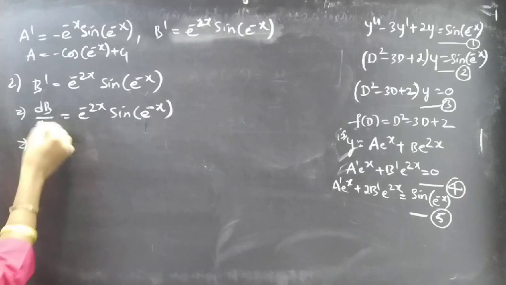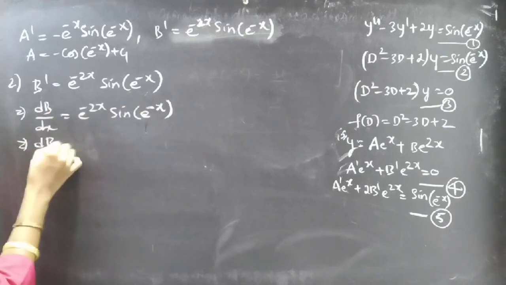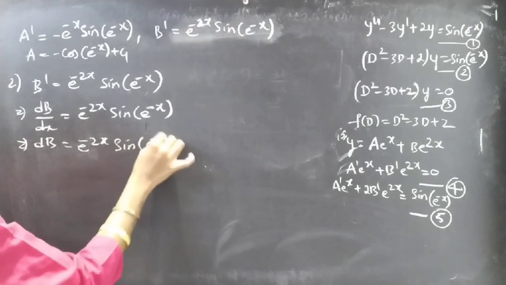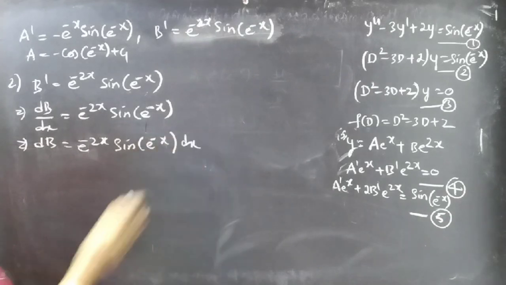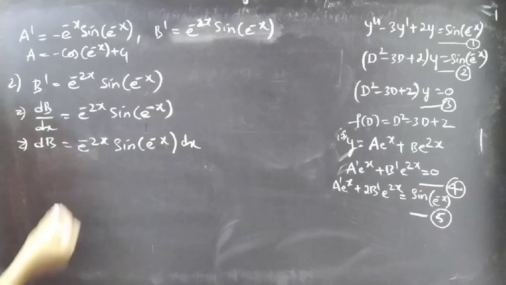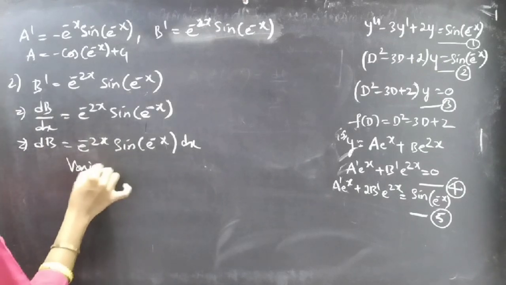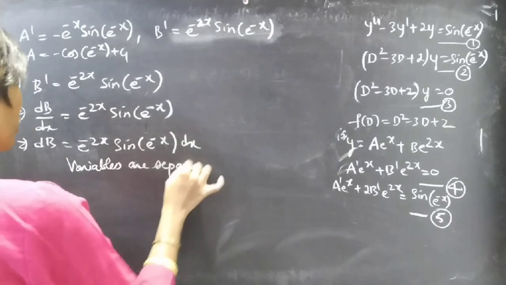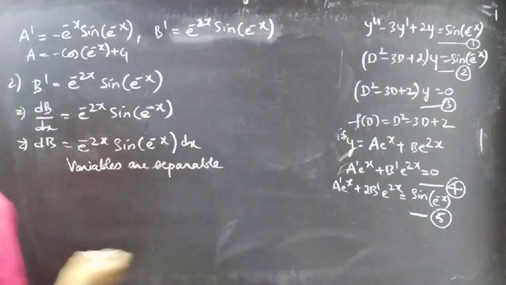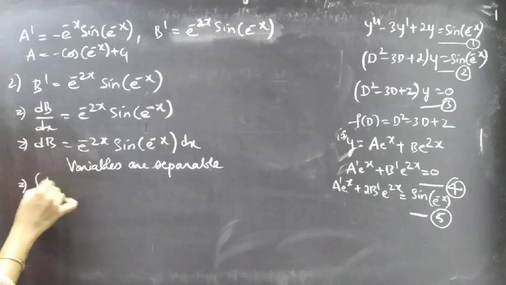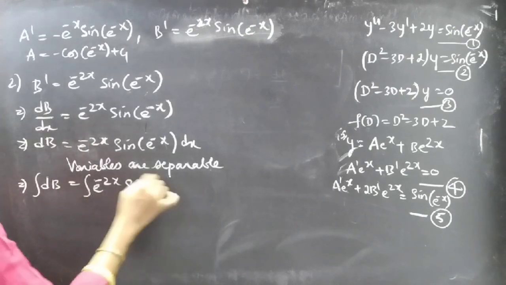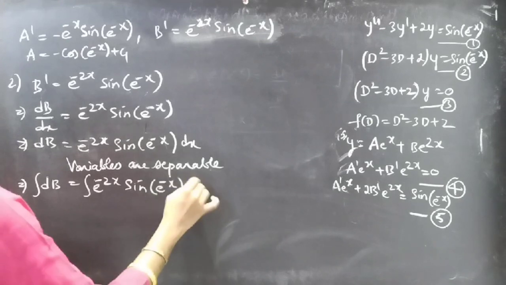Now take the differential dx to the RHS, then we'll get dB equal to e power minus 2x sine of e power minus x into dx, right? Here the variables are separable, so we can perform integration. We'll get integral dB equal to integral e power minus 2x into sine of e power minus x dx.